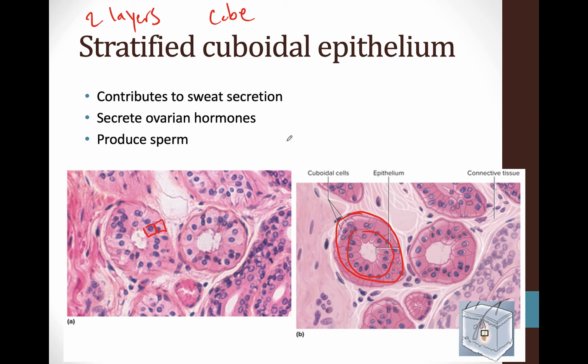These are found in the sweat glands, the follicles of the ovary, and the ducts, the seminiferous tubules that produce sperm. Depending on where they're at, they're going to produce either a secretion in a gland, or hormones, or sperm, if it's a female or male reproductive system.